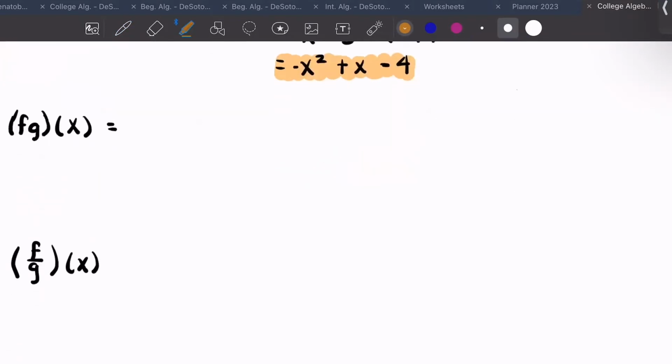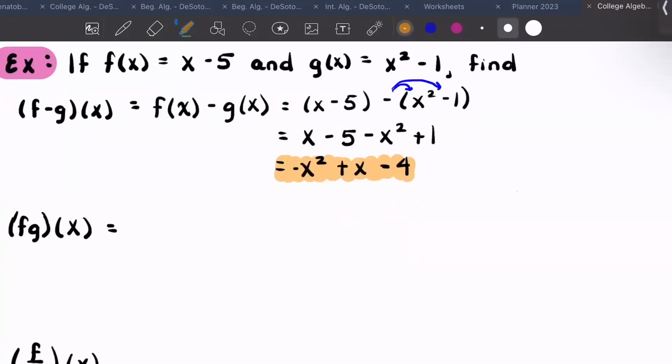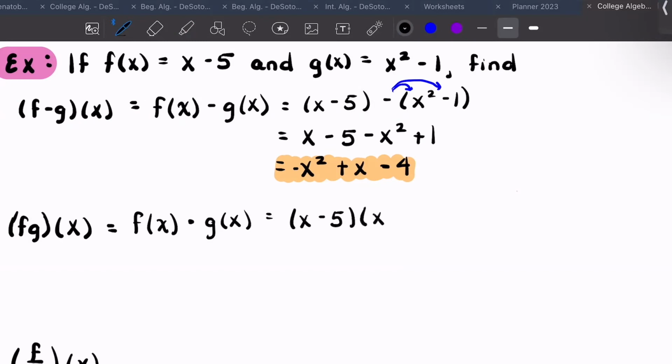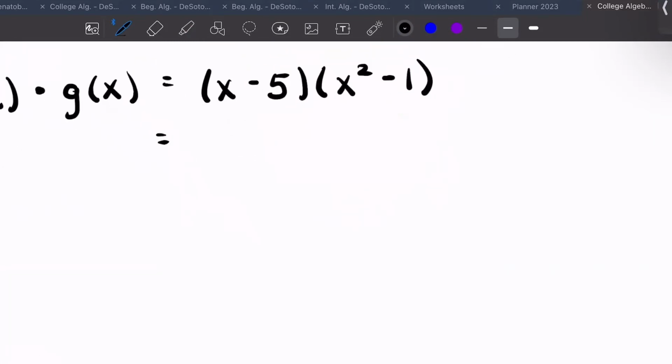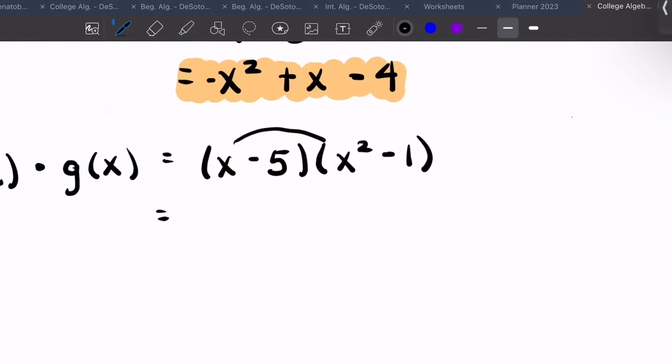Okay, we can also multiply these, so we can get f of x times g of x. So we would have x minus 5 times x squared minus 1. Well, that's a binomial times a binomial, so we will FOIL that. So we'll do first, outside, inside, last.